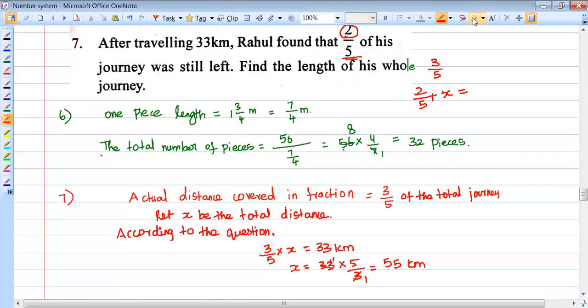Let me take this as y, or else you will get confused. You have to add 3 by 5. So from this you can understand that 3 by 5 of the distance he has already completed. So 3 by 5 of the entire distance is 33 kilometer. Then what is the total kilometer? x is equal to 33 into 5 by 3. Hope you understood.